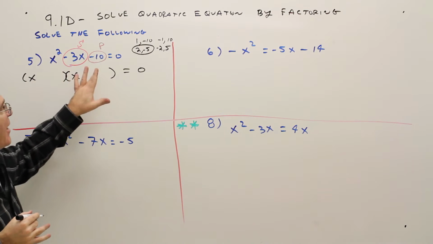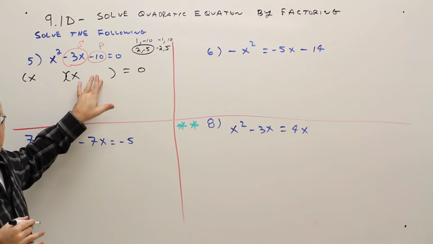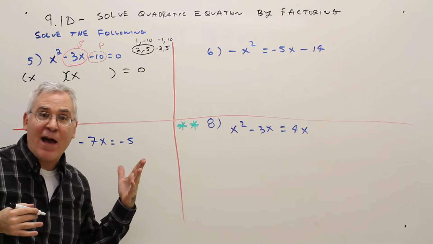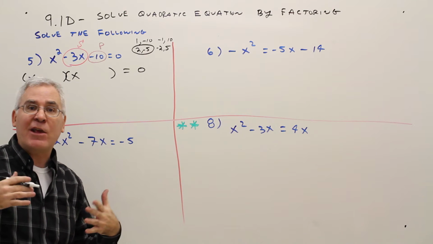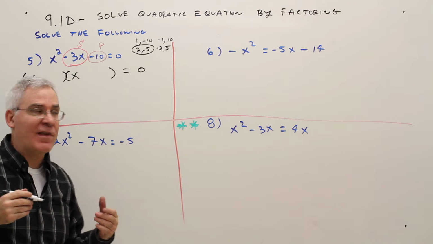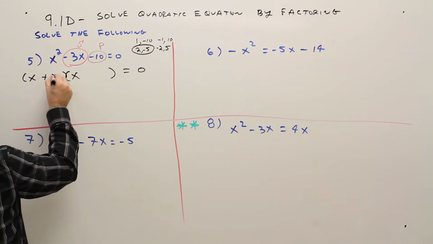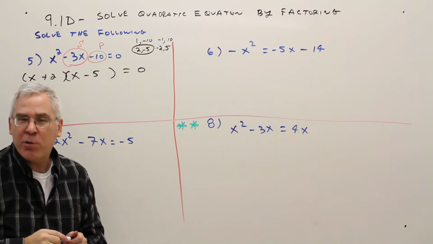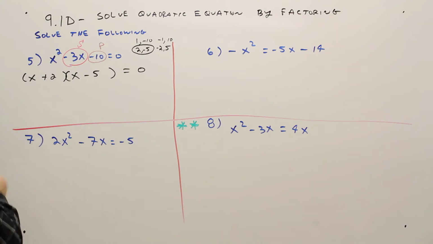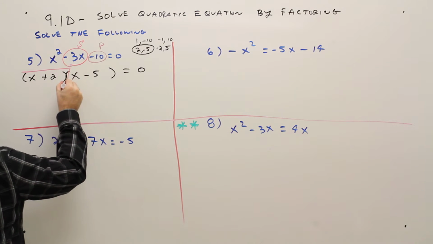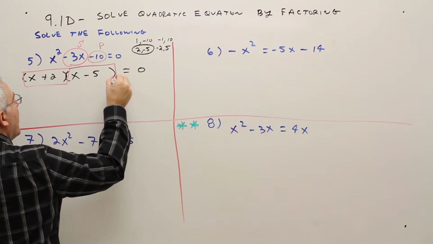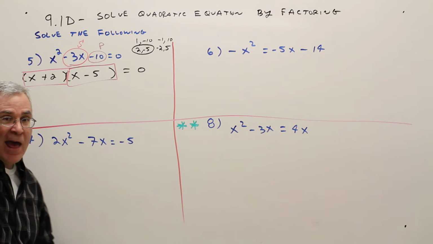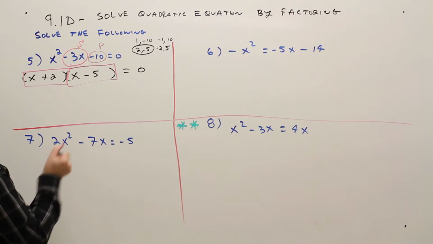I could put it in any order, x plus 2, x minus 5, or x minus 5, x plus 2. Multiplication is commutative. Order does not matter. So I'll just go x plus 2, x minus 5. Once you do that, what you want to do is set each factor equal to 0. Again, usually I do that in my head, but for this first time I'll write it out.